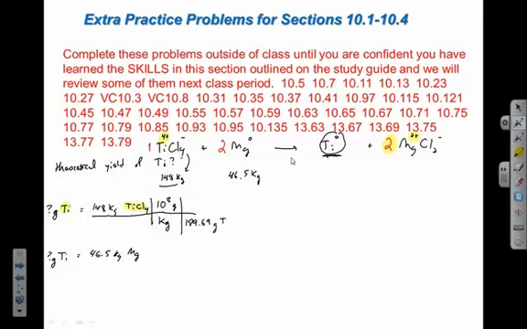So that'd be grams of titanium chloride per mole of titanium chloride. So the point of that, so I can cancel these things here.